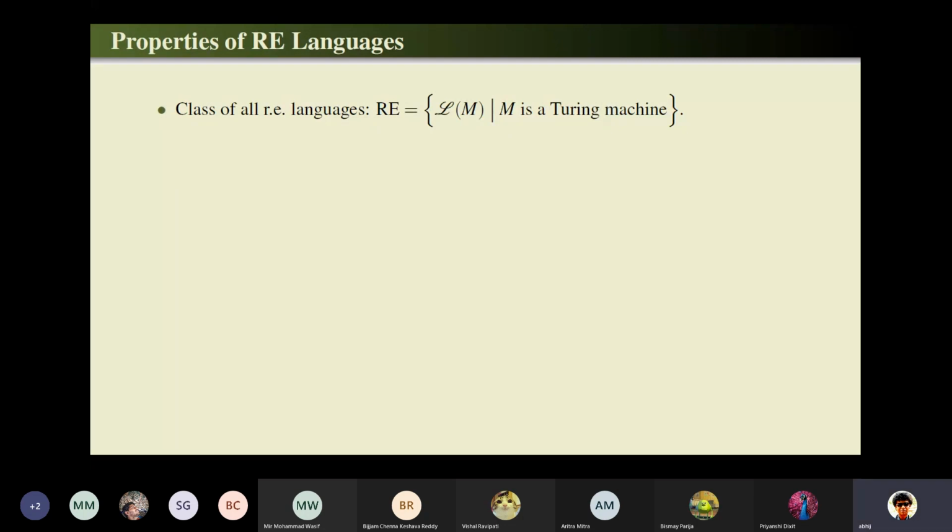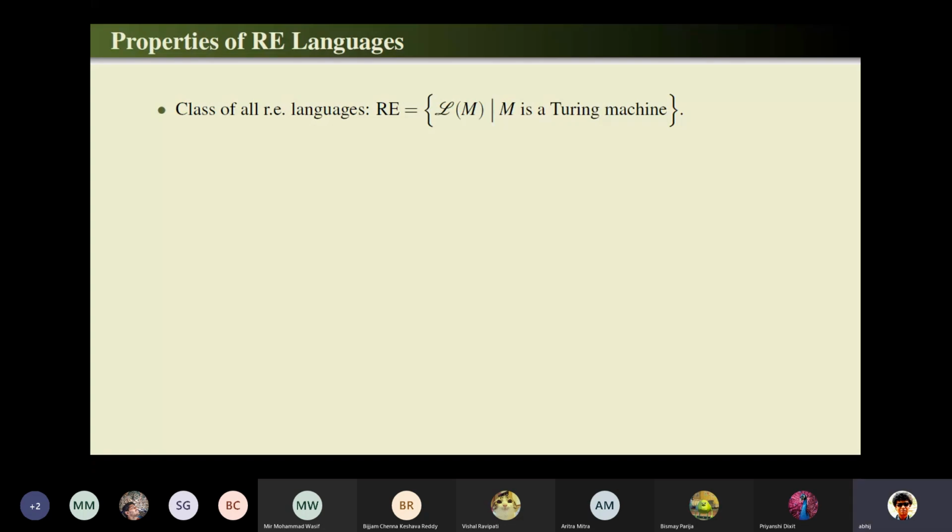Consider this as a set for a moment, because everything can be encoded in 0, 1. So let's say this is a set, and that is how I have written it. A property of RE languages is essentially a Boolean valued function from this RE.